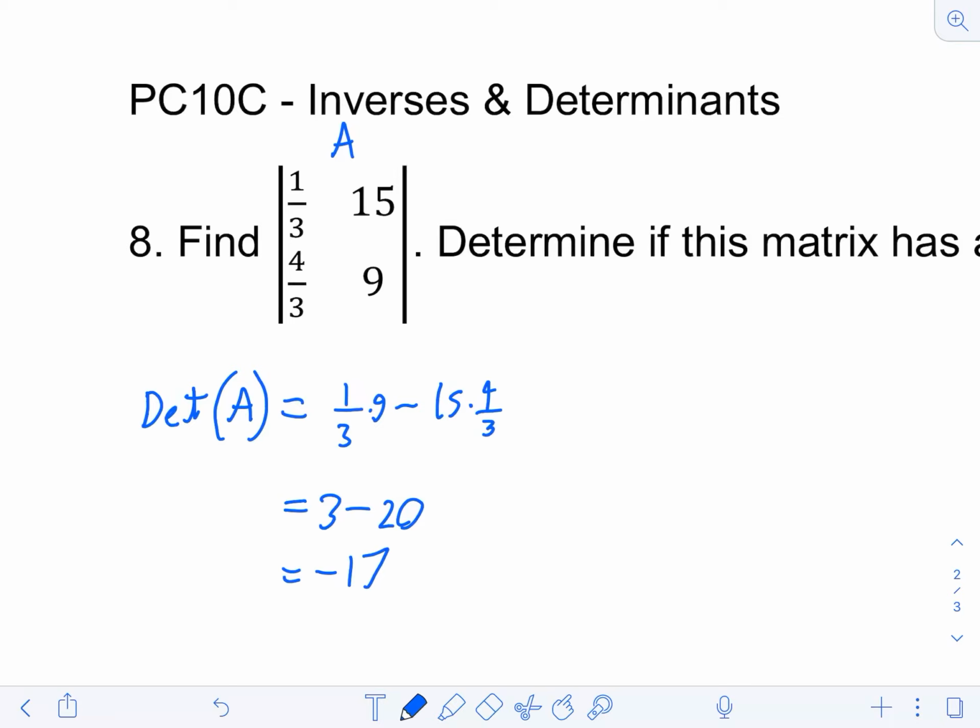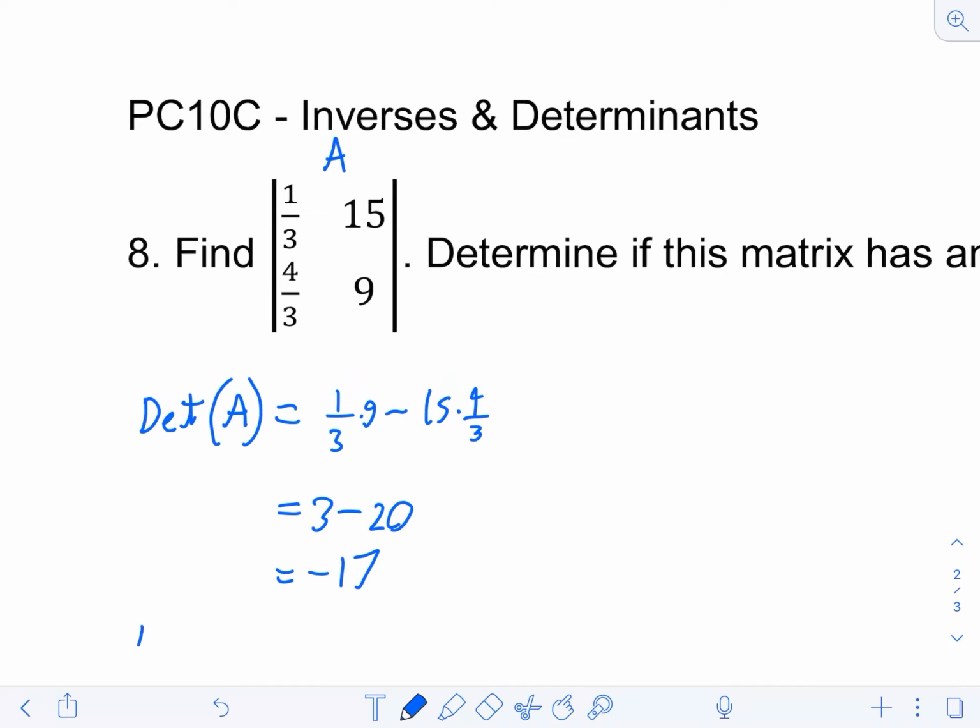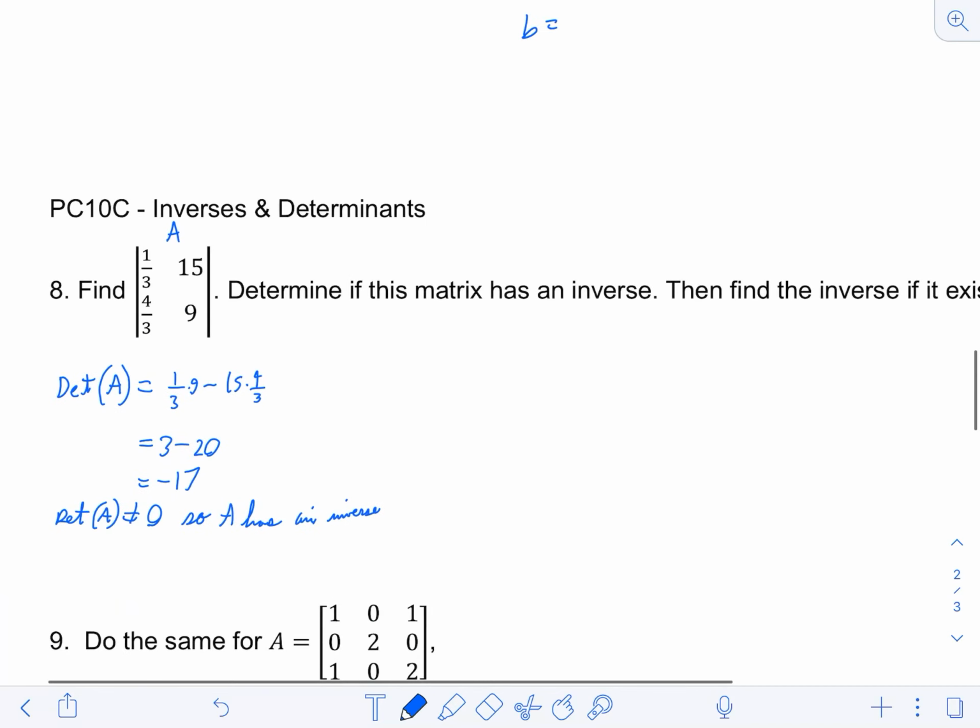All right, so now we know what the determinant of A is. The determinant is not equal to 0. So A has an inverse. Now there is a shortcut to find the inverse of this 2 by 2 matrix.